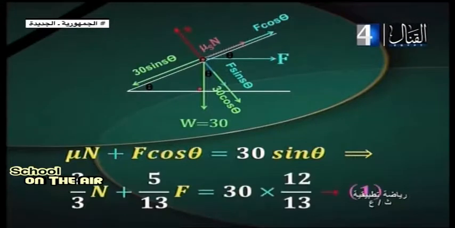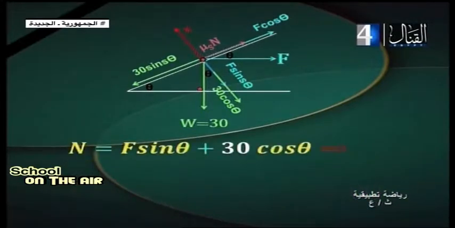Therefore, my dear student, by substituting mu equals 2/3, cosine theta equals 5/13, and sine theta equals 12/13, we deduce the first equation, a relation between the normal reaction and the force F. The second: N equals F sine theta plus 30 cosine theta.